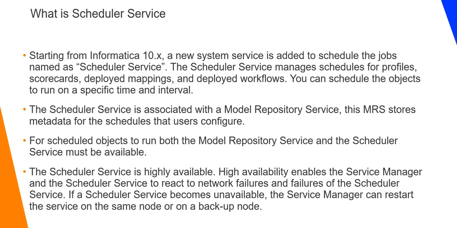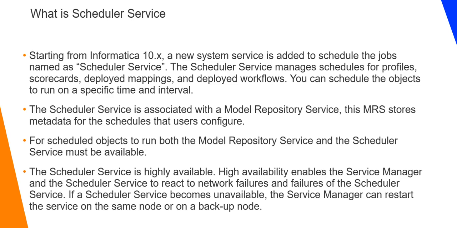The scheduler service is associated with a model repository service. This MRS stores metadata for the schedules that users configure. For the scheduler service to run its scheduled objects, both the model repository service and the scheduler service must be in available state.